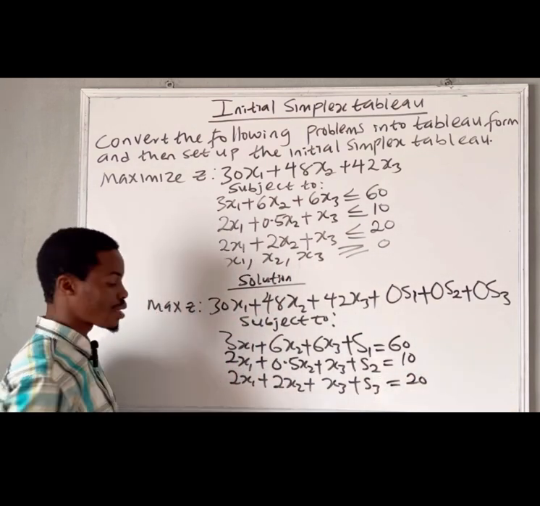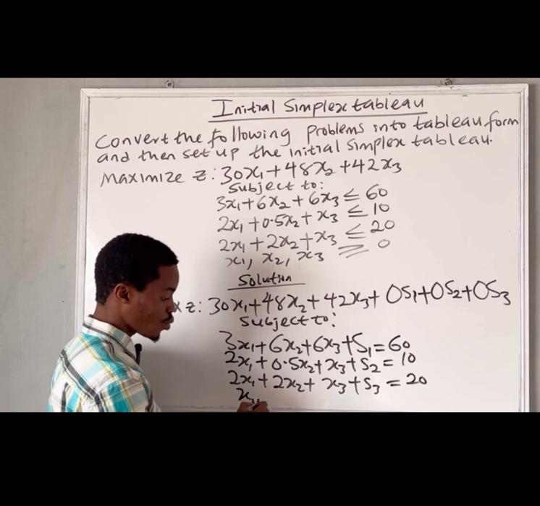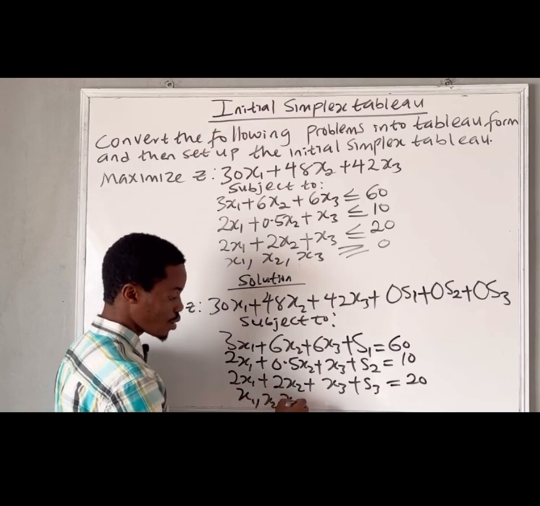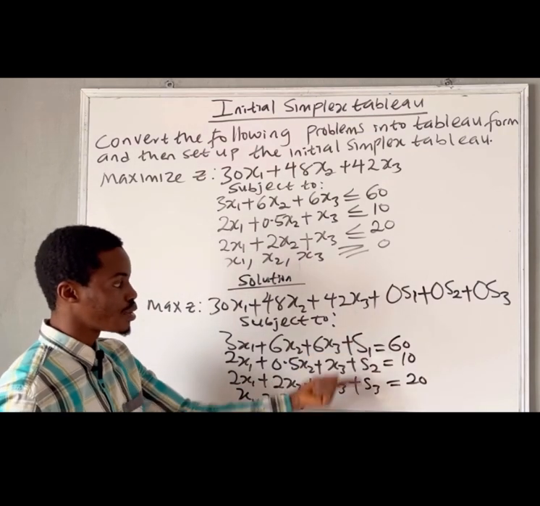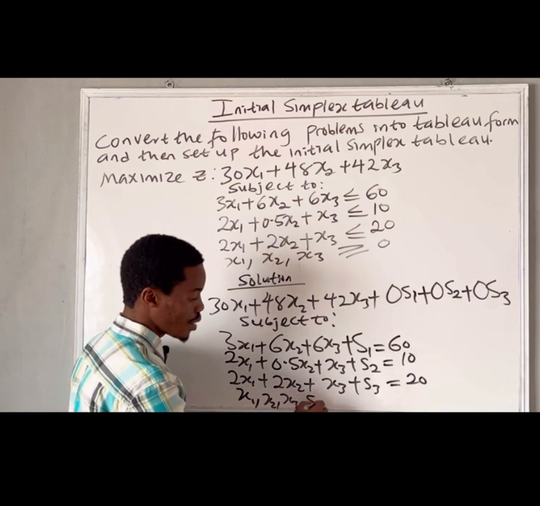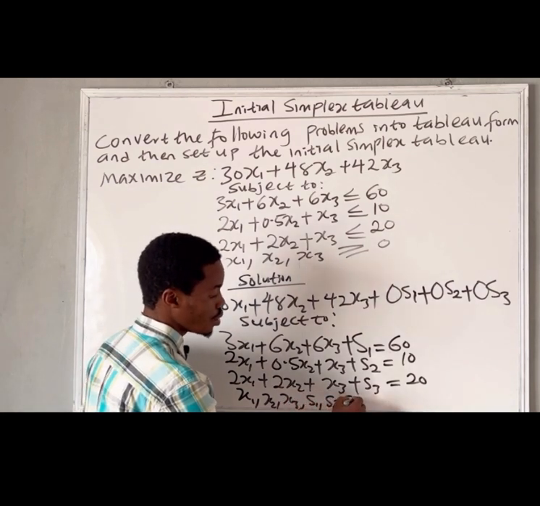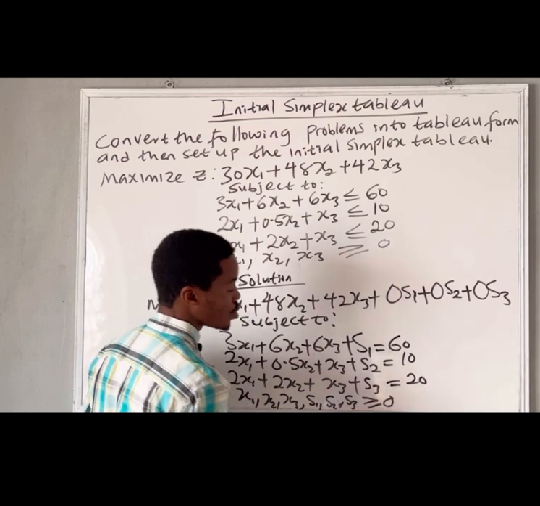Then our non-negativity will be x1, x2, x3 with the three slack variables we added, s1, s2, and s3, all greater than or equal to 0.